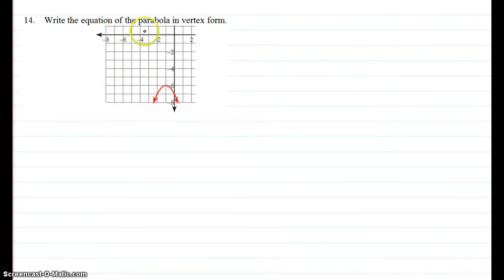Same type of problem, write the equation in vertex form. So we have f of x, let's find our vertex first. So we have negative 1, negative 6. Probably the most important thing to notice right now is that the graph is going down, so we have to have a negative out front.